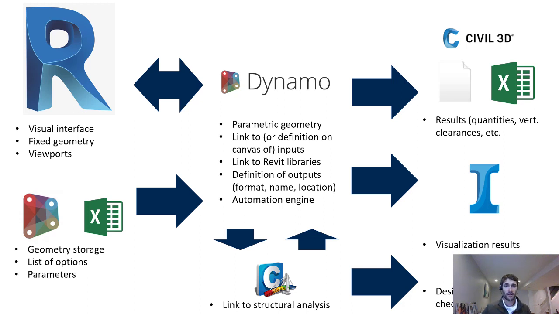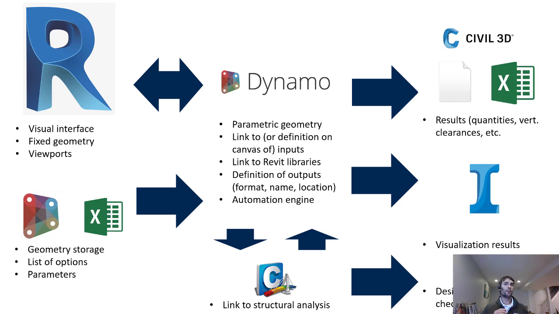There's a lot of software going on here, and even more, but I'm trying to limit that, while showing some outputs of where we can go to InfraWorks or Civil 3D, as a generation of some of this geometry that can be brought in and linked to these other applications.